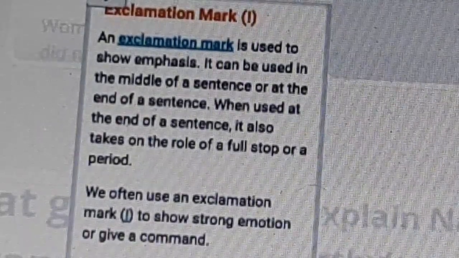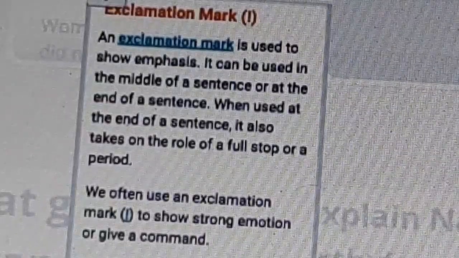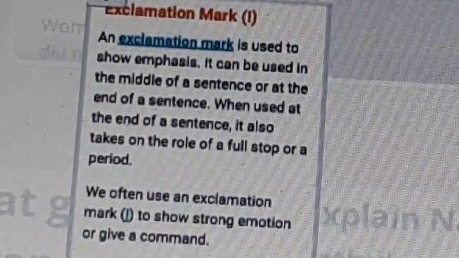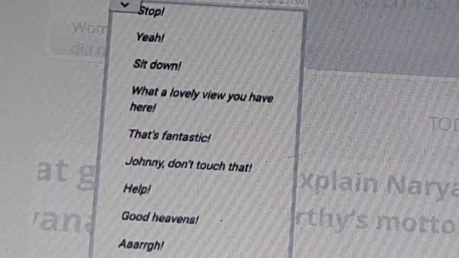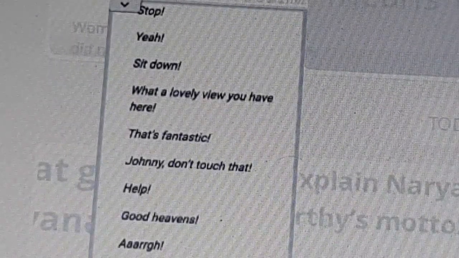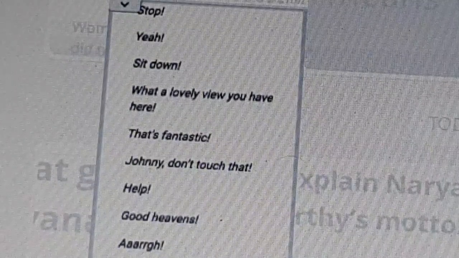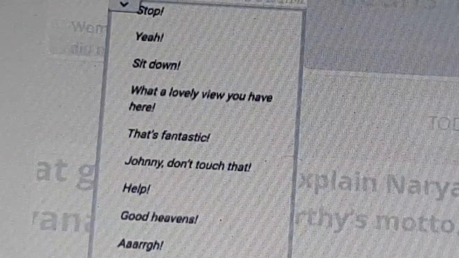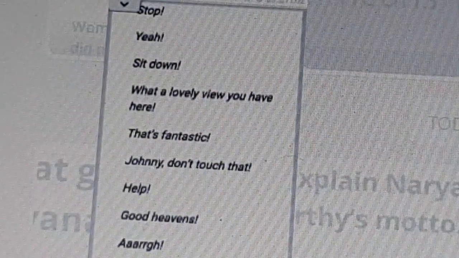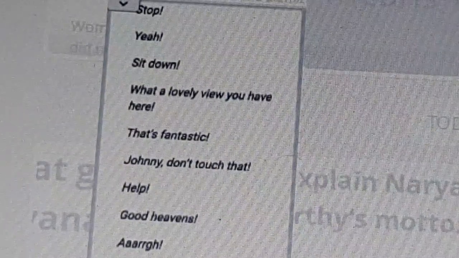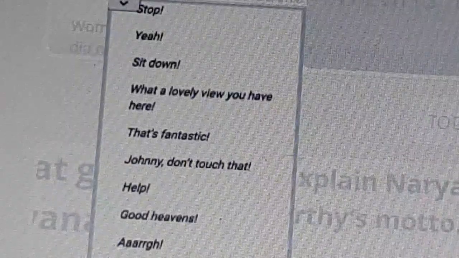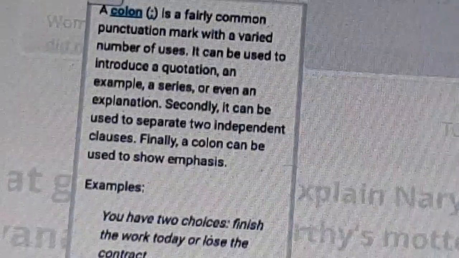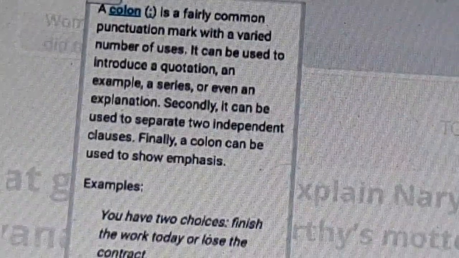We often use an exclamation mark to show strong emotion or give a command. The examples: Sit down! What a lovely view you have here! That's fantastic! Here are the emotions and also excitements and also emphasis.